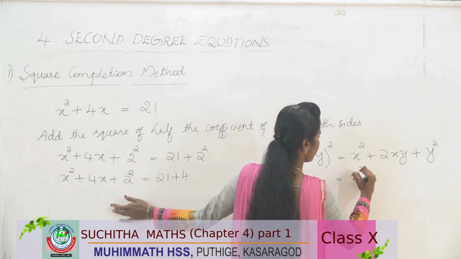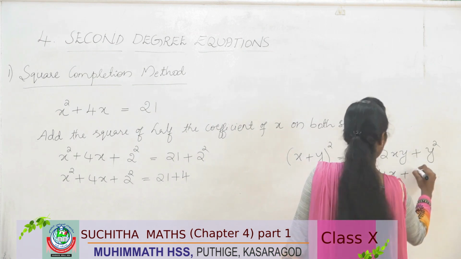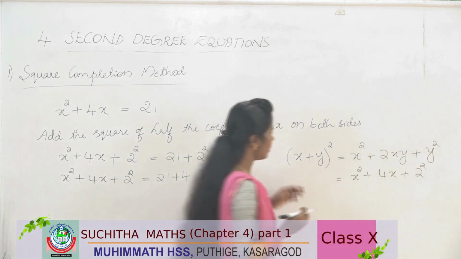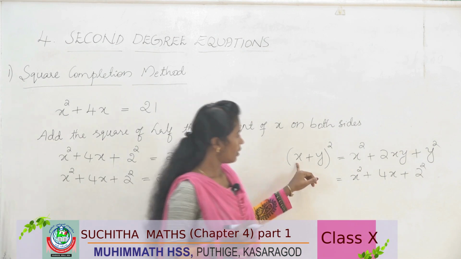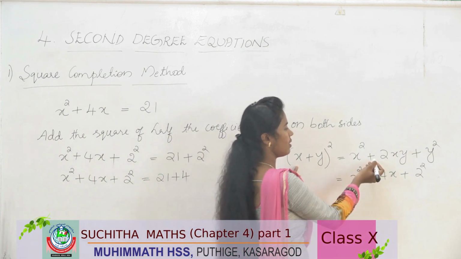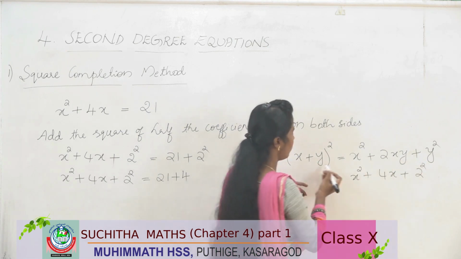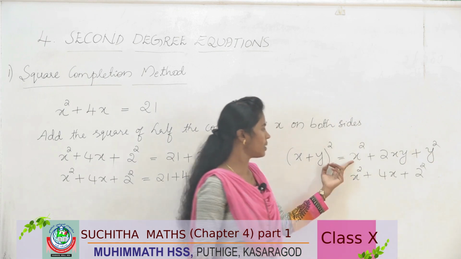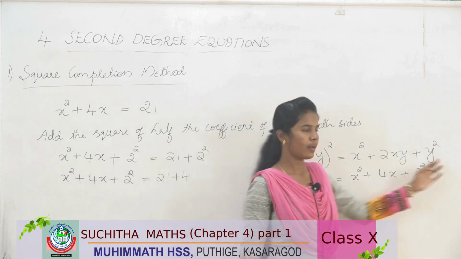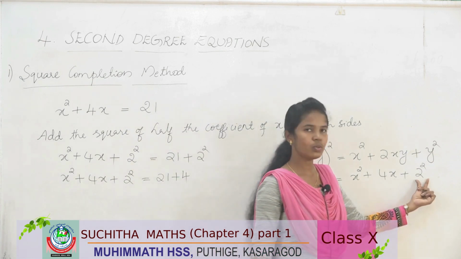Here we have x square plus 4x plus 2 square. Here the first term is x, last term is y. So here also first term is x, last term is 2.